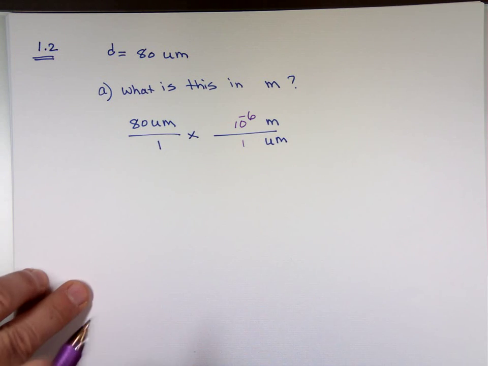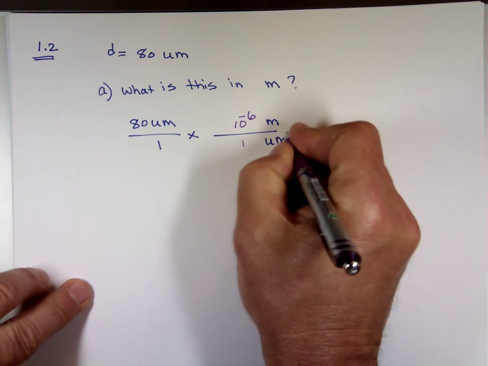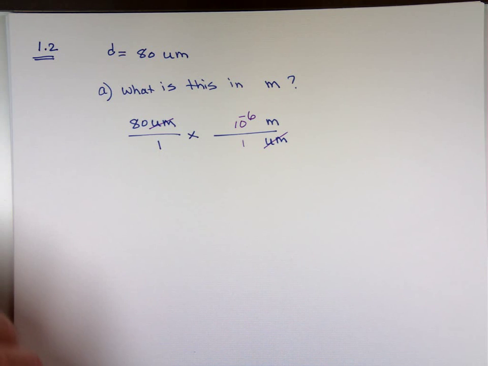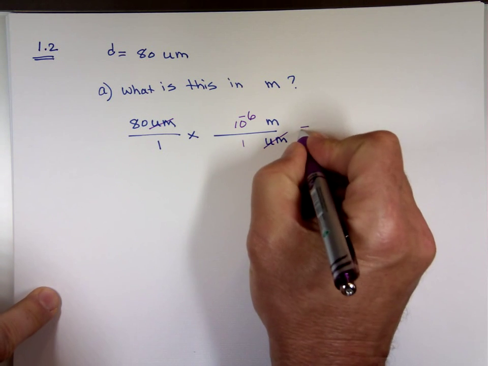Either way you can use. 1 micro is 10 to the minus 6. And notice the micrometers cancel each other out. So that becomes 80 times 10 to the negative 6.